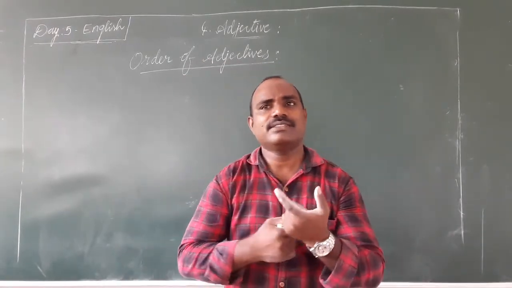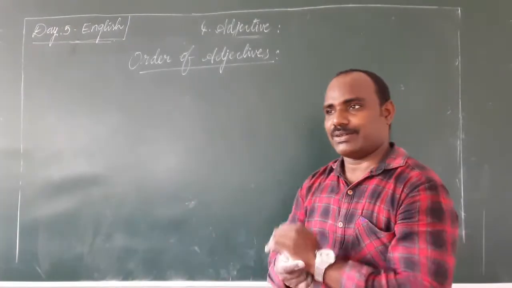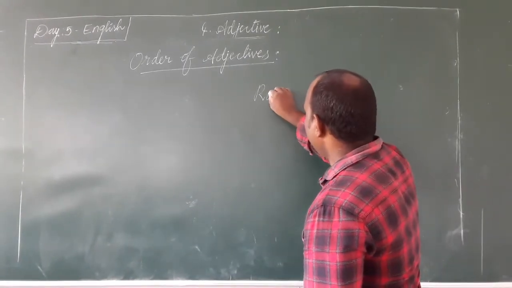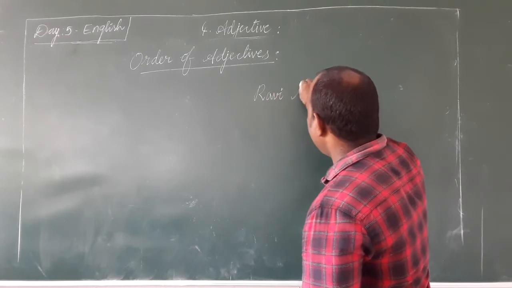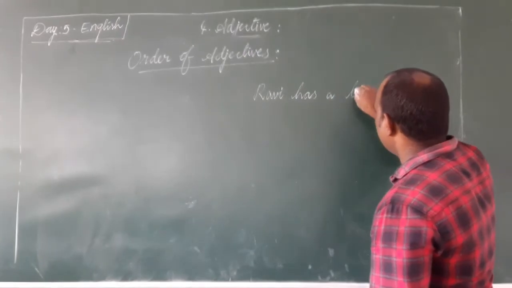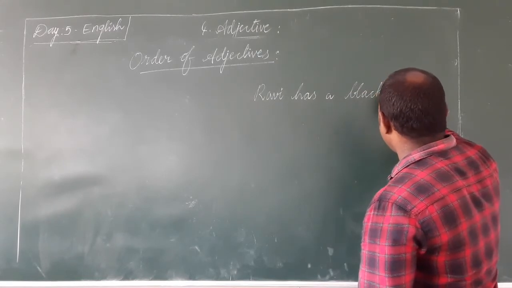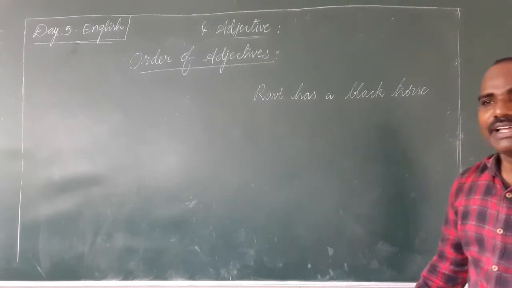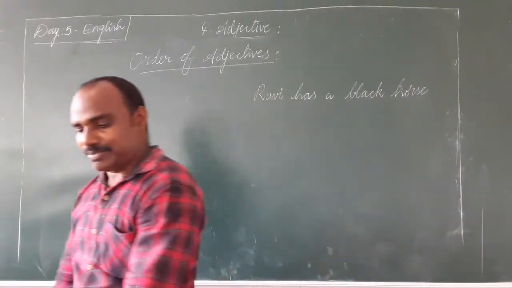Generally, we have a sentence with one adjective. Mostly, a sentence with one adjective. For example, Ravi has a black horse.